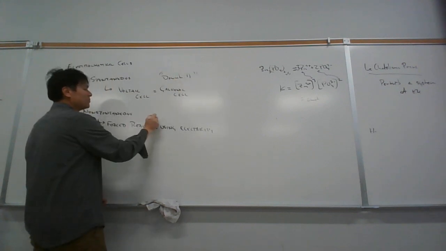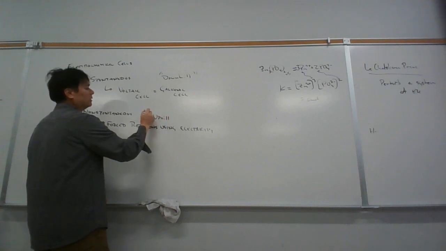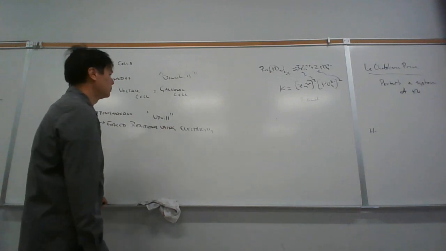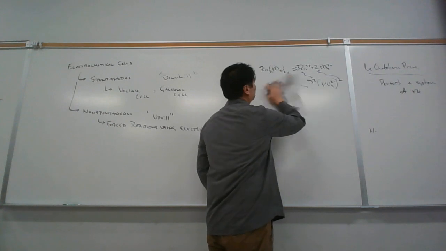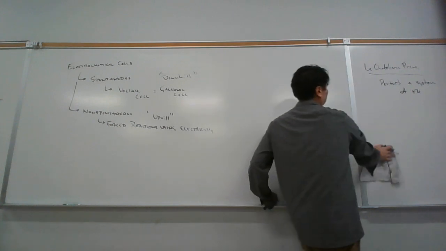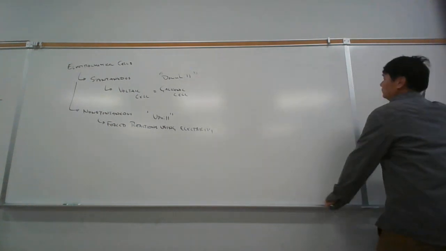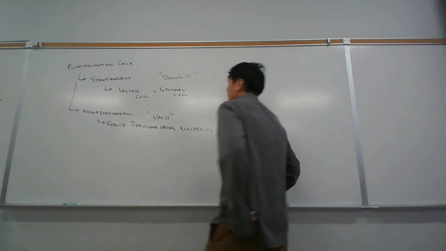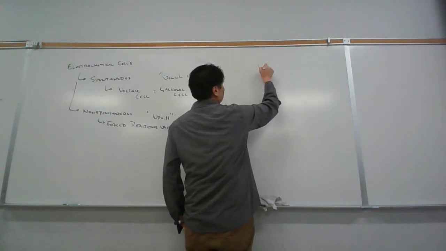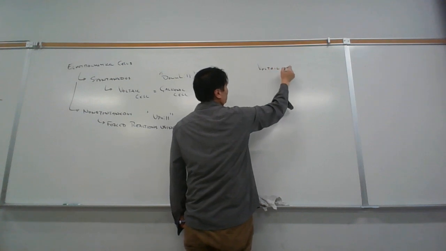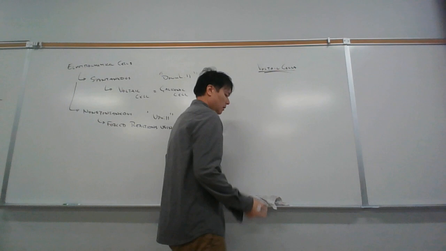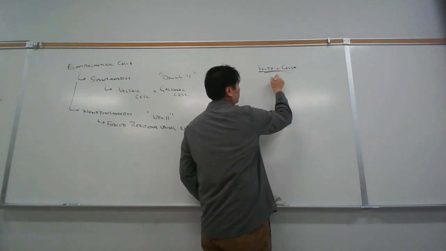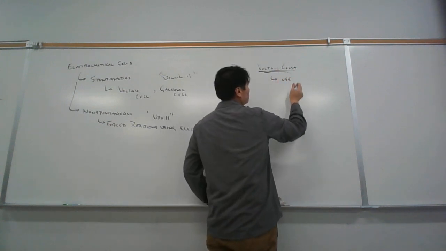And the non-spontaneous ones, these are uphill in terms of energy, in terms of thermodynamics. Uphill, downhill. And so let's first look at voltaic cells or galvanic cells. Voltaic cells, we use redox to generate electricity.